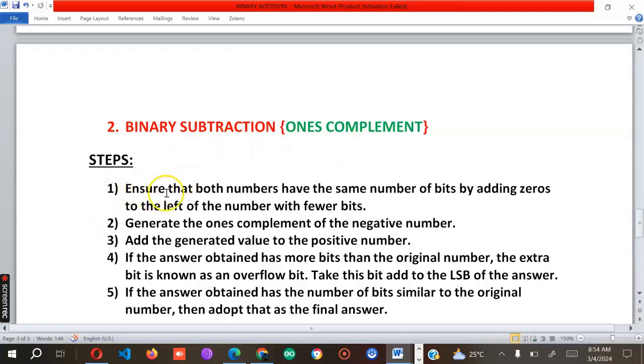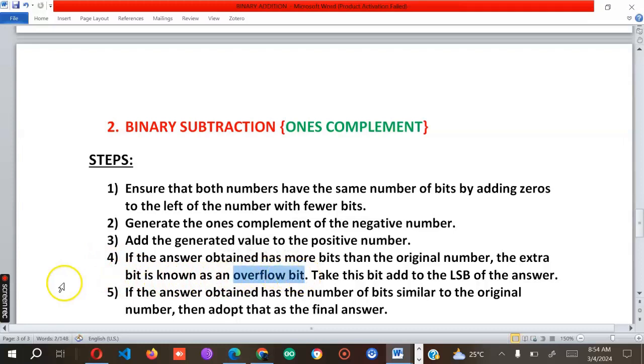So these are the steps. Step number 1, you need to ensure that both numbers have the same number of bits by adding zeros to the left of the number with fewer bits. I hope that's clear. Then step number 2, you generate a one's complement of the negative number. Then step 3, you add the generated value to the positive number. Then number 4, if the answer obtained has more bits than the original number, the extra bit is known as the overflow.